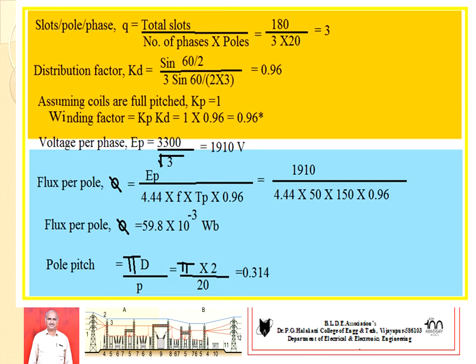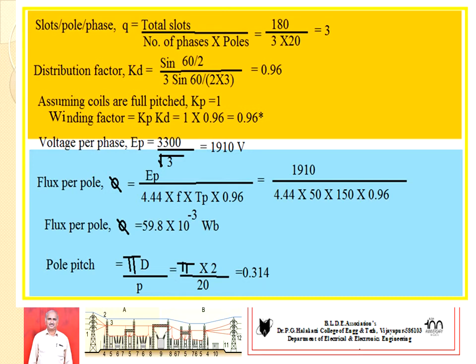Then voltage per phase. Given voltage is line voltage. Always alternators are star connected. Go for phase voltage: 1910 volts. Next, you advance for the calculation of flux per pole. Flux equal to Ep divided by 4.44 f Tp into Kw, where Kw is winding factor.